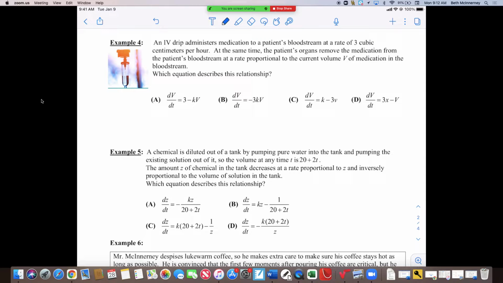So you have the IVs dripping, so that's going in, and then you have something that's being removed at a rate proportional to the current volume. So what do we think? I'm hearing a lot of different answers.